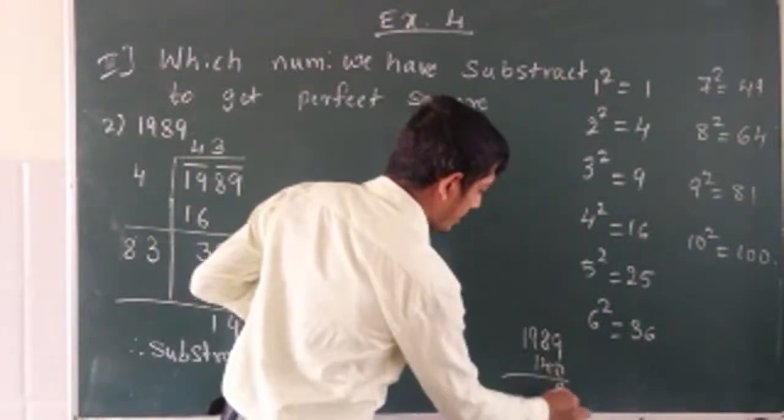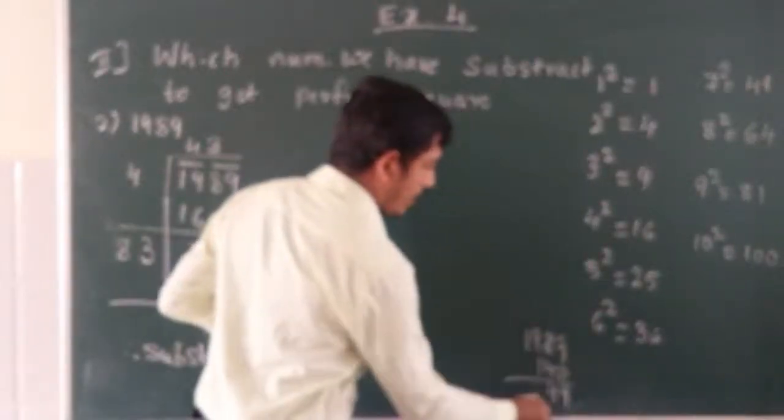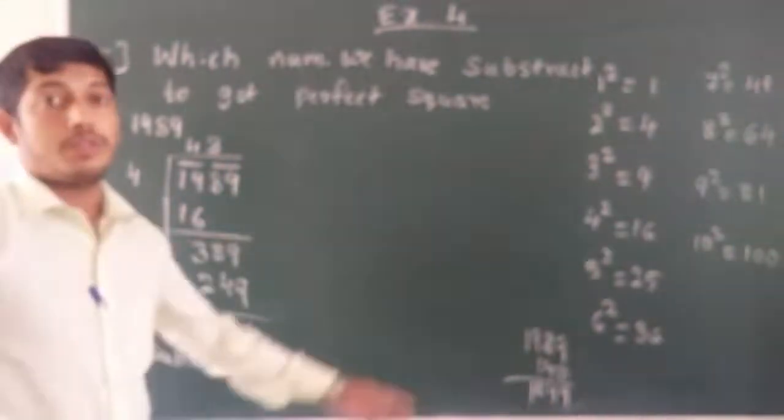So 9 minus 0 is 9, 8 minus 4 is 4, then 9 minus 1 is 8, 1, 1849. So find out the square root value.